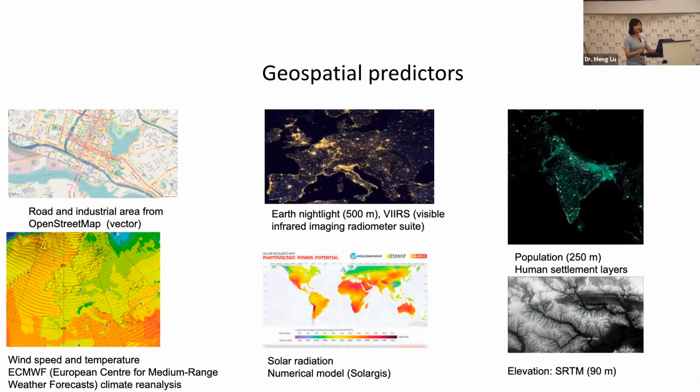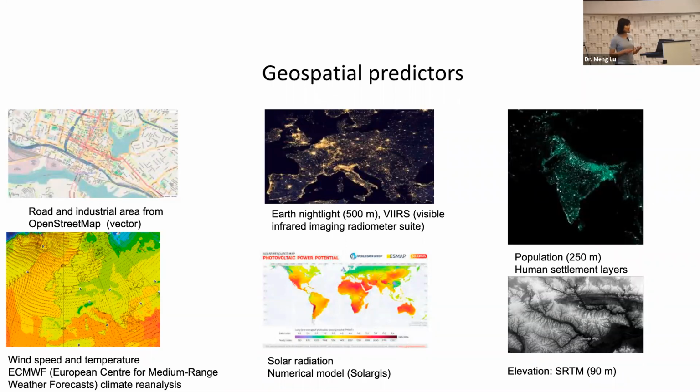And also we use Earth-Net from satellite imagery and population to represent social demographic data. And we also use wind speed, temperature, and solar radiation from numerical models.